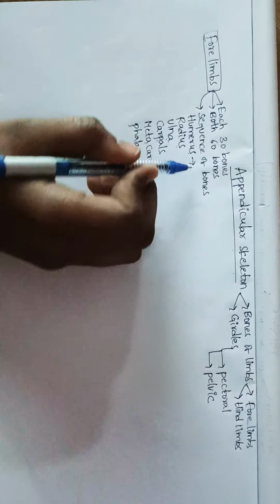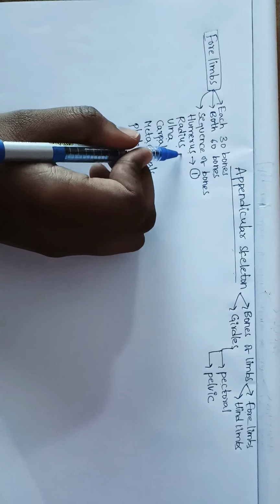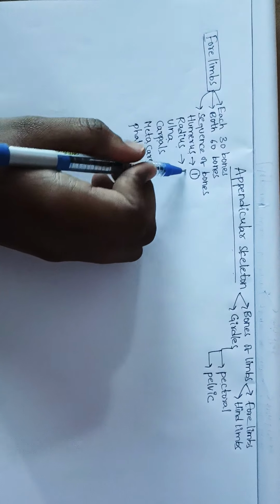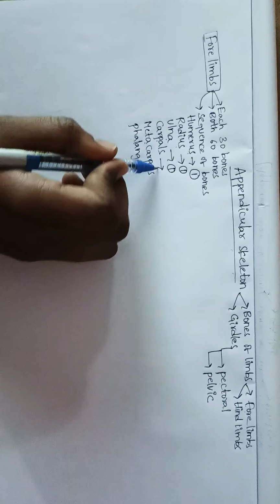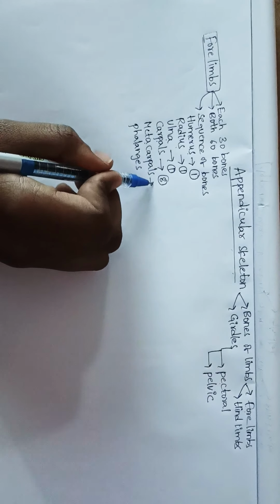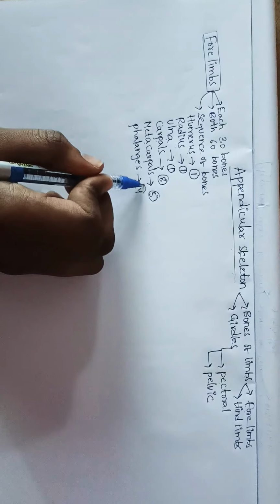We have one humerus in each forelimb. Each forelimb consists of one humerus, one radius, one ulna, 8 carpals, 5 metacarpals, and 14 phalanges.